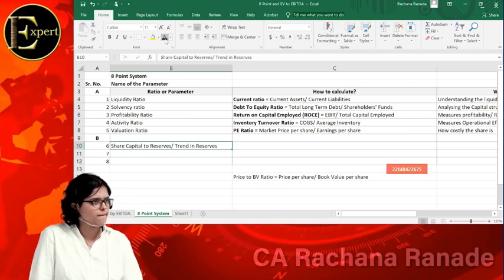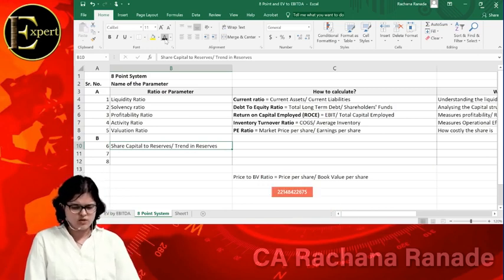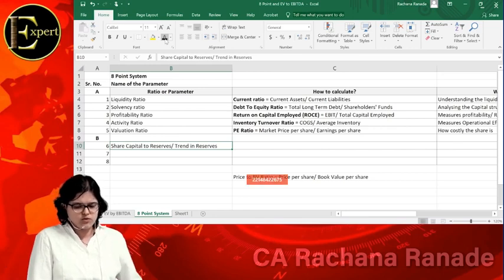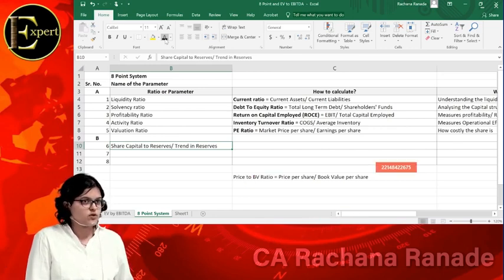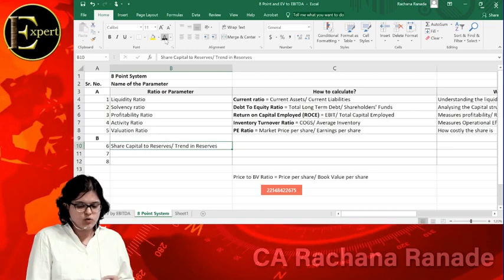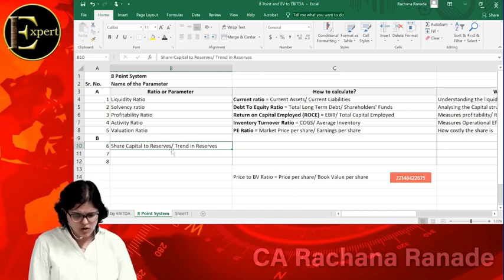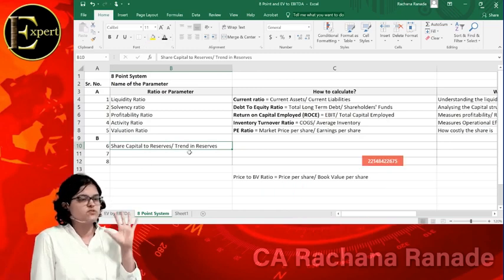Is this okay? Next, this is not a ratio as such because no one uses it, but we have tried to understand and analyze this. Share capital to reserve, or you can write down the trend in reserves, 5 years trend in reserves.